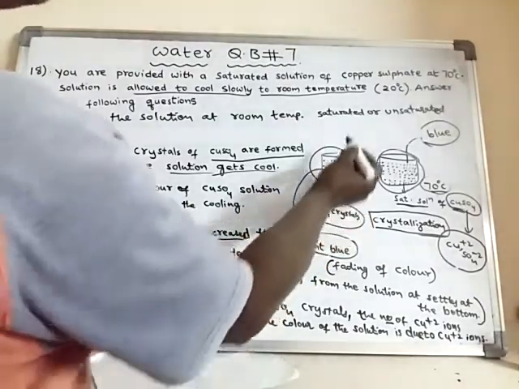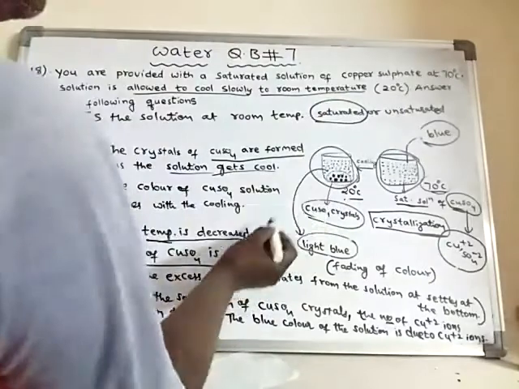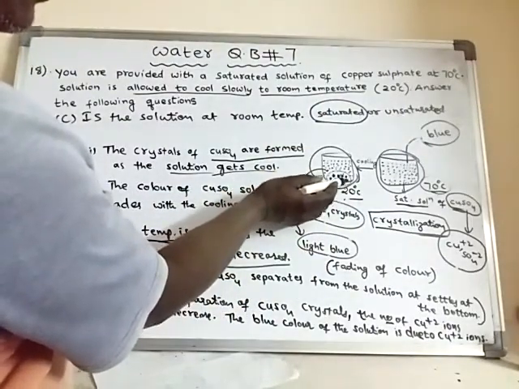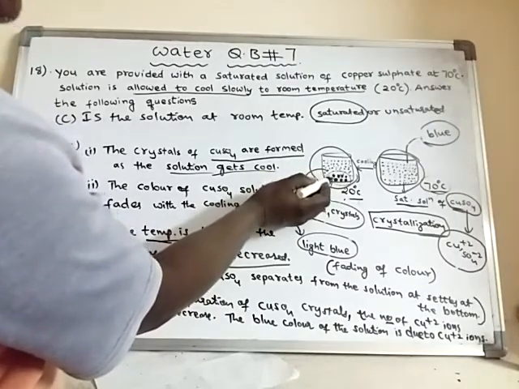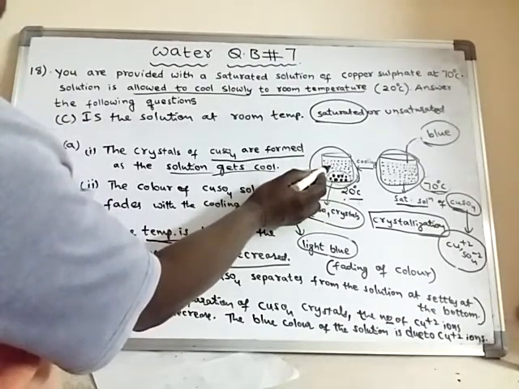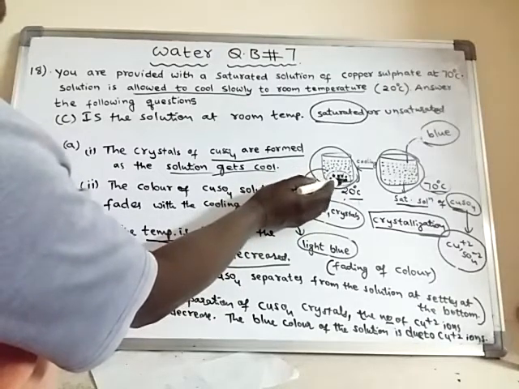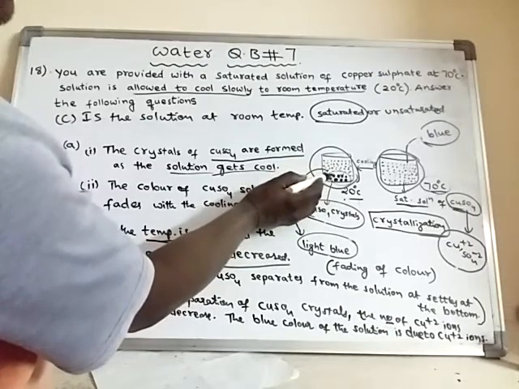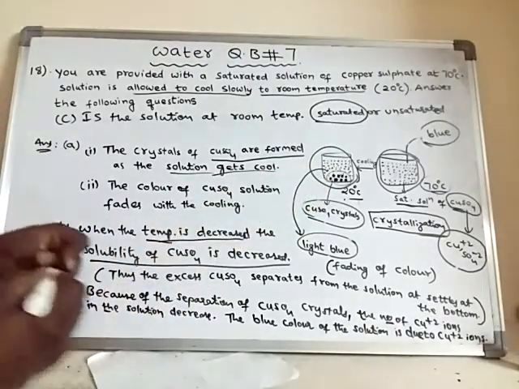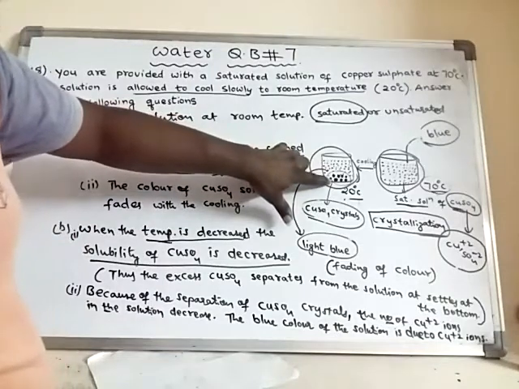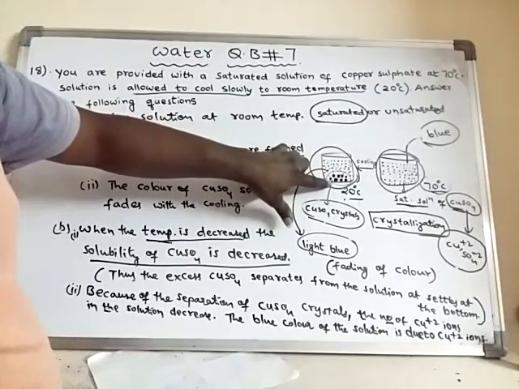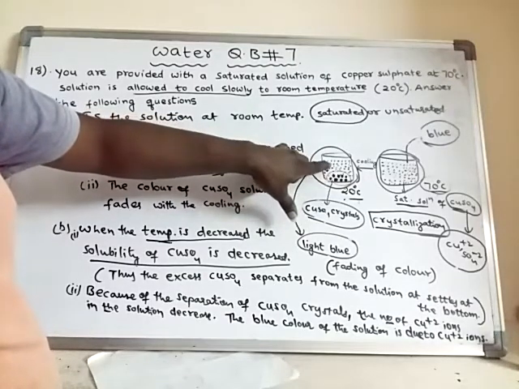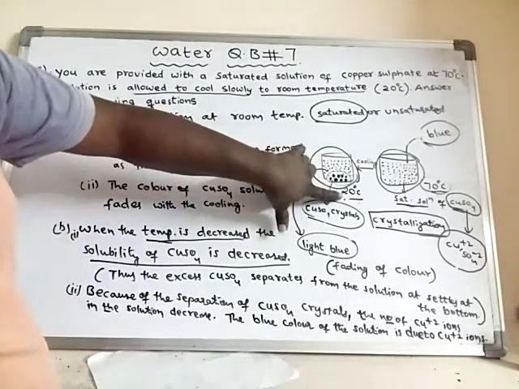It has become saturated because whenever a substance is present in undissolved form in a solution, that means this solution is unable to take this solute. Why is this solute present at the bottom undissolved? Because this solution is not accepting this substance to dissolve in it at 20 degrees centigrade.